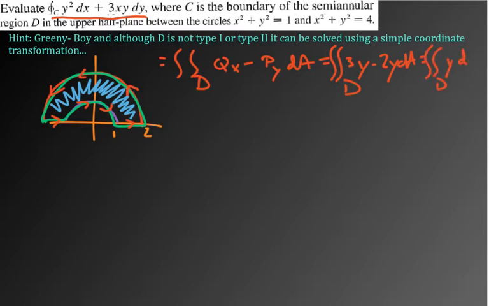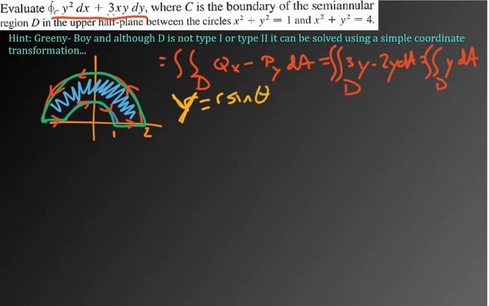of just y dA. It's not a simple type 1 or type 2 region, but I can definitely do a coordinate transformation to polar, and that would solve this for us. So I'm going to do y equals r sine theta.